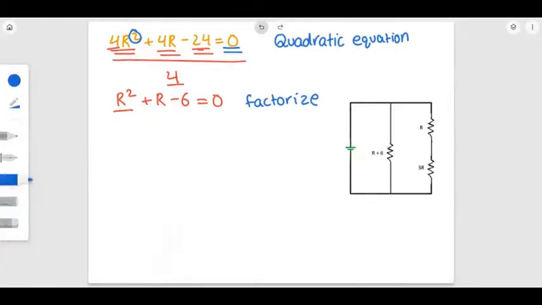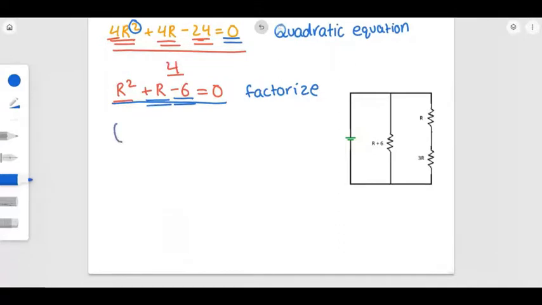One of the most important methods for quadratic equations is factorizing. We stopped at this equation that we need to factorize in order to find the value of R. When we factorize, we need to find values that when you multiply them, give you negative 6, and when you add them together, give you the coefficient of R. So when we factorize, it's going to give us R minus 2 times R plus 3, which equals 0.